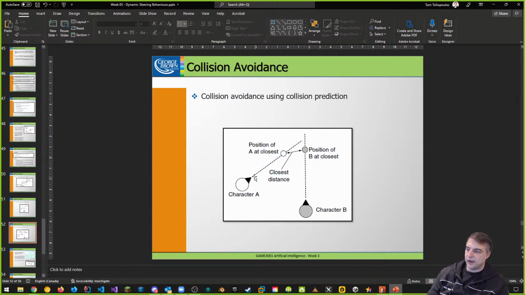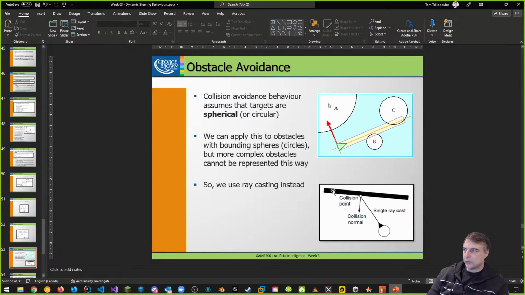Well, we have to put together a separation. So if I'm getting closer to the character, as an example, I can detect the distance, and if I'm really close to the character, I start predicting where the other guy is going to go. By the way, both characters are doing the same thing, right? So they know that there's a chance they're going to collide, and they start veering off early. Okay, so that's kind of the way it can work.